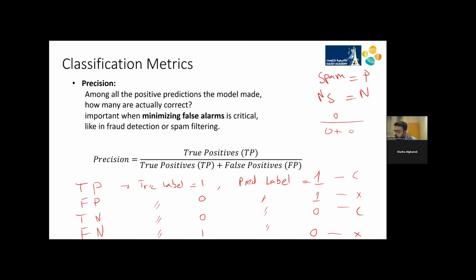So the precision in this case would be 0 divided by 0. So this would be a very bad model. Precision actually would not be defined here. We would get an error because we are dividing by 0. So this is a very bad model. Precision allows us to identify models like that.